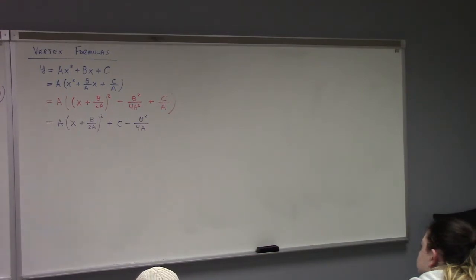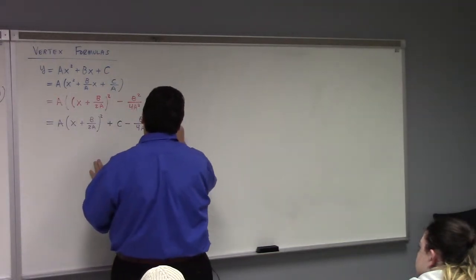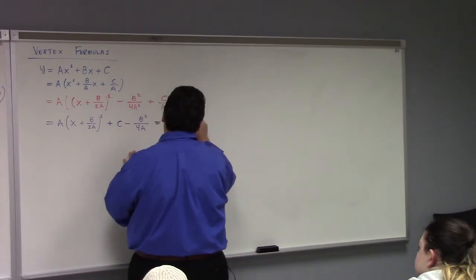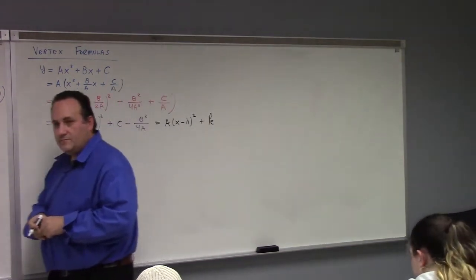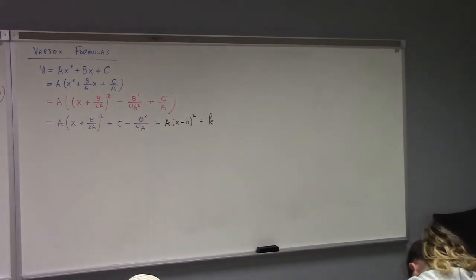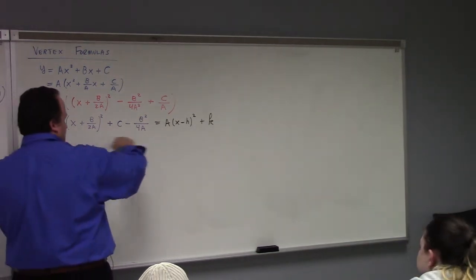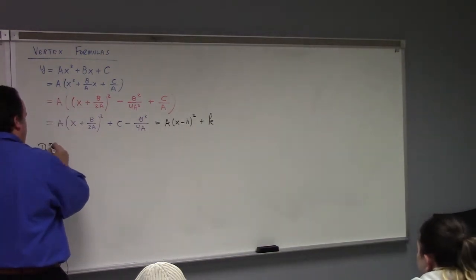Now you're going to compare this. This is equal to a times (x minus h) quantity squared plus k. If you want to equate that to the vertex form, that's what it would look like. So if we compare these two formulas, what do you find? We find the following theorem.